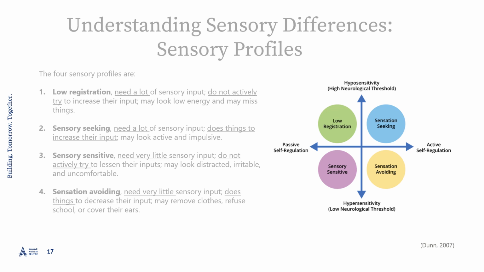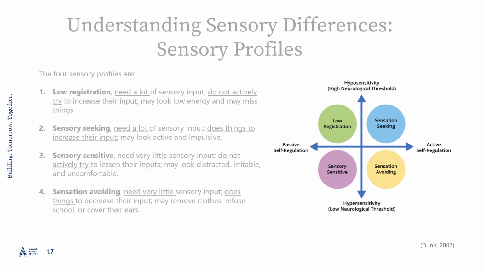And because of this, they may appear low energy and may miss things in their environment. The next profile is sensory seeking. People with a sensory seeking profile also need a lot of sensory input, but they use active self-regulation strategies, so they do things to increase their input. These people may appear active or impulsive.